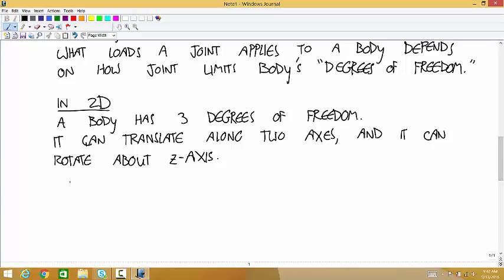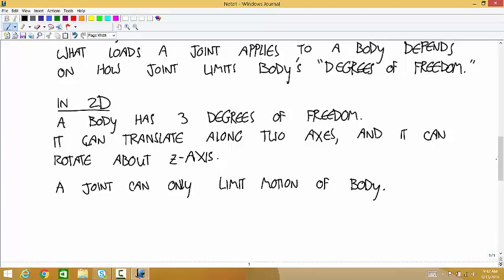And here's how a joint limits those degrees of freedom. So a joint can only limit the motion of a body, compared to the body not being connected to anything, just floating in space.